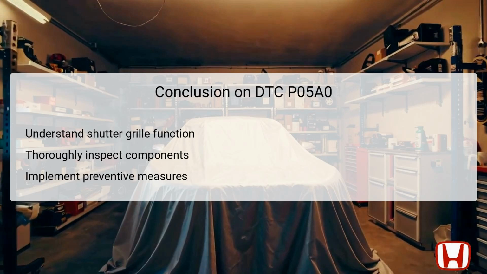Preventive measures, including regular checkups and maintenance, can greatly assist in avoiding future issues. Awareness of the symptoms and understanding troubleshooting steps will empower vehicle owners and technicians alike to ensure the longevity and reliability of the Honda Accord systems.